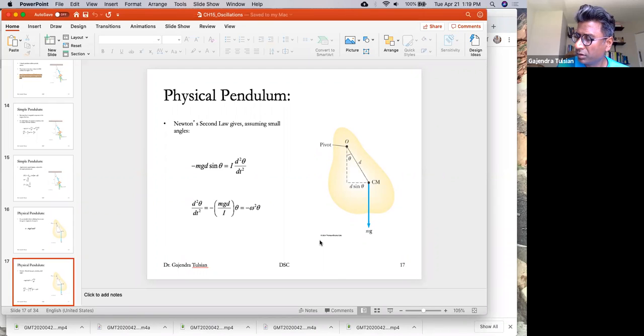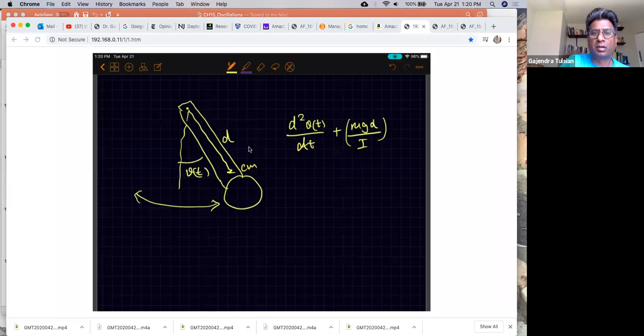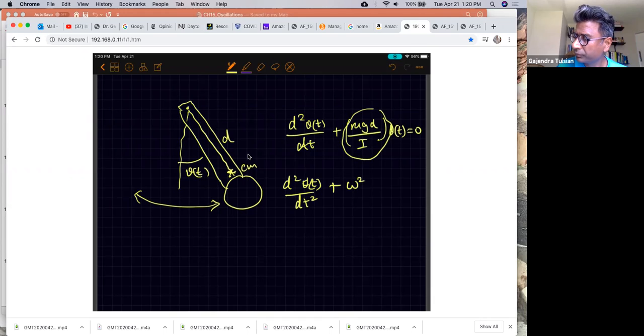And d, if this is the center of mass, this is d, as you can see from the diagram. D is the distance from the point of suspension to the center of mass. Okay, so there's a differential equation, and we'll call this omega squared.